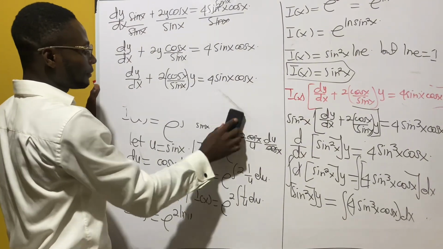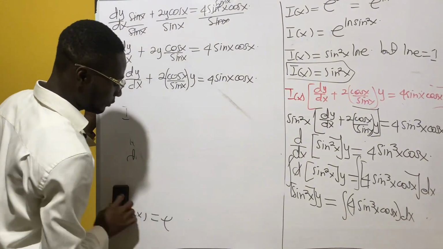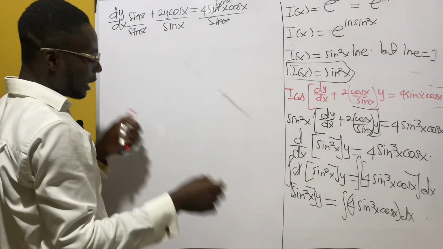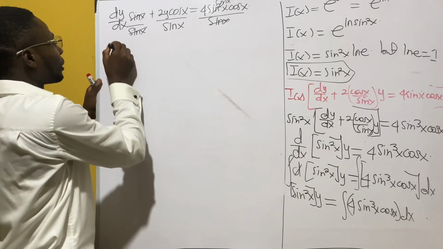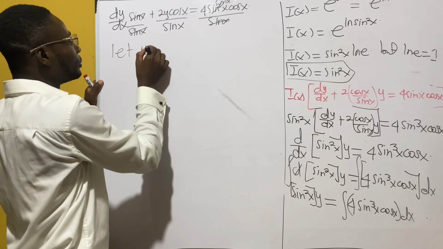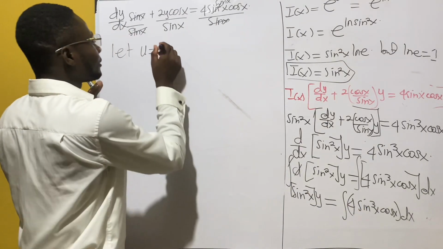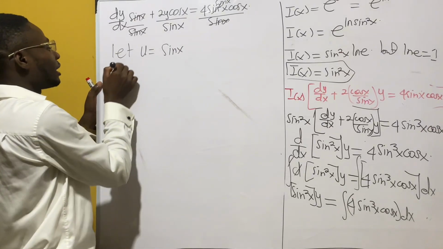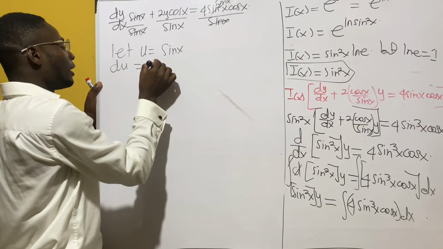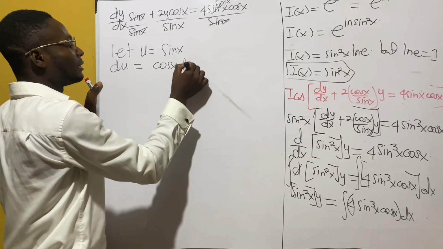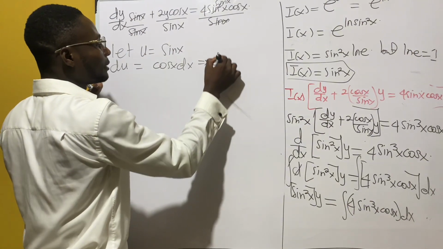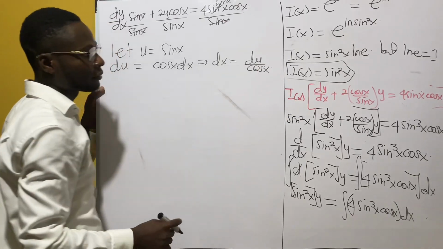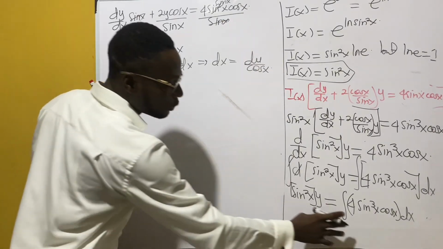So when we apply the U substitution, we can say that we should let u equal sine x. Differentiating both sides, we have du is equal to cos x dx. So this implies that dx is equal to du over cos x, right? So now we can go and do substitution right here.